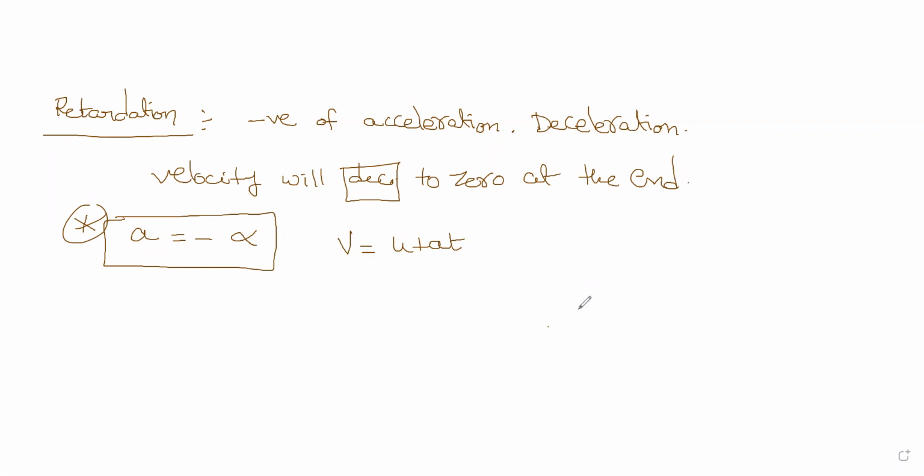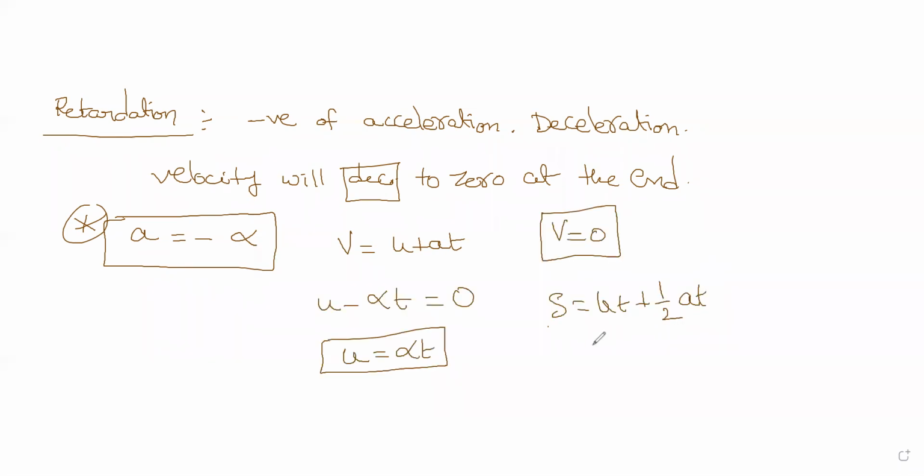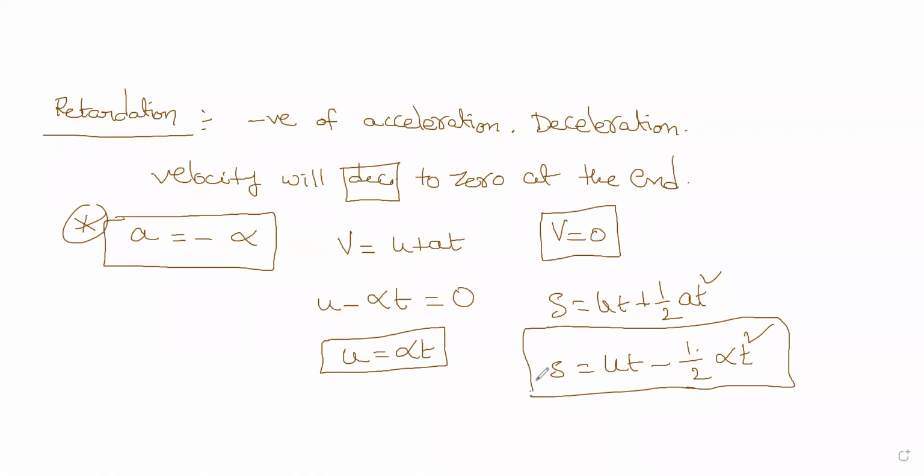Next one, s is equal to ut plus half at square. a is equal to minus alpha పెట్టండి. s is equal to ut minus half alpha t square. Because a is equal to minus alpha పెట్టినప్పుడు equation will change like this. So similarly, v square minus u square equal to 2as.